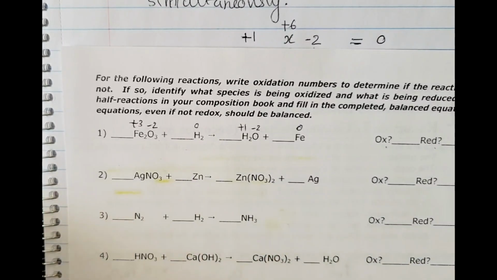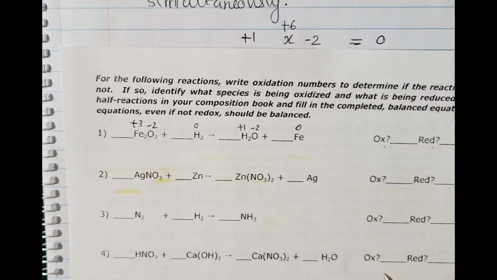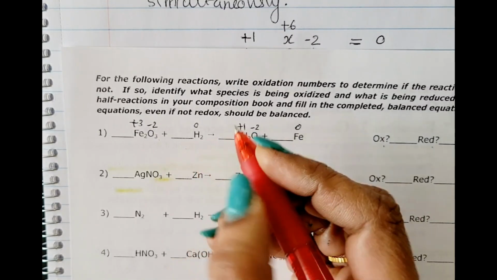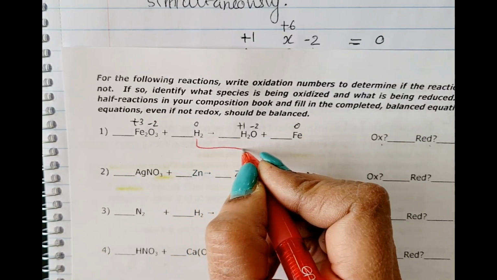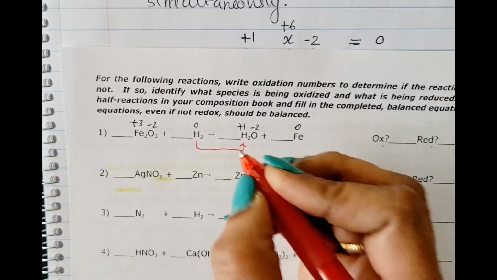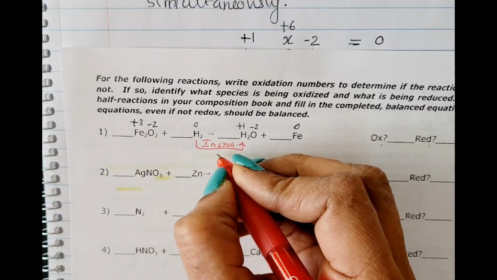Okay, now going to see which one undergoes an increase in number and which one undergoes a decrease in number. Look at hydrogen. It changes from 0 to 1. Is it an increase or a decrease? That is an increase in oxidation number.